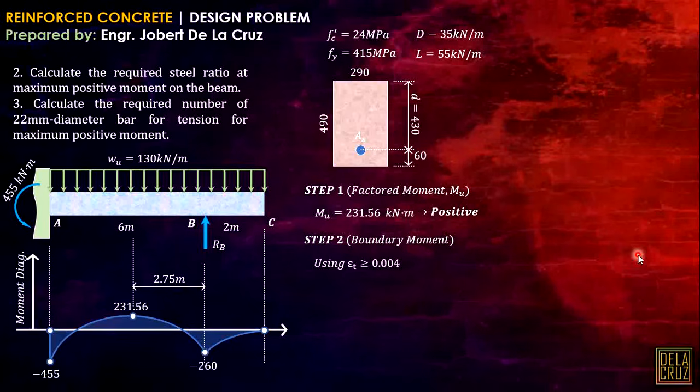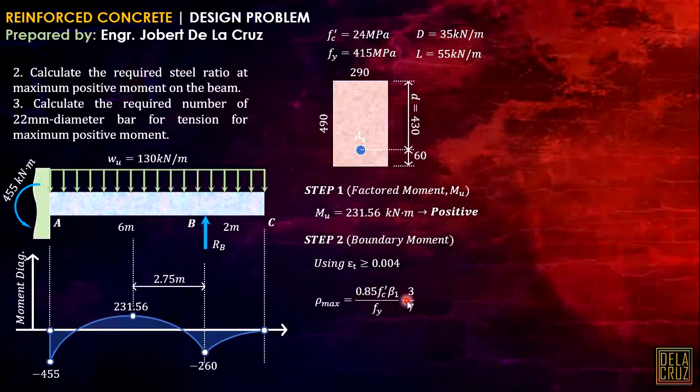This one, using epsilon t greater than 0.004. This was discussed in our previous lecture. So using this as rho max. I will call this rho max here. In our video last time, I used rho limit. Let's just use rho max.